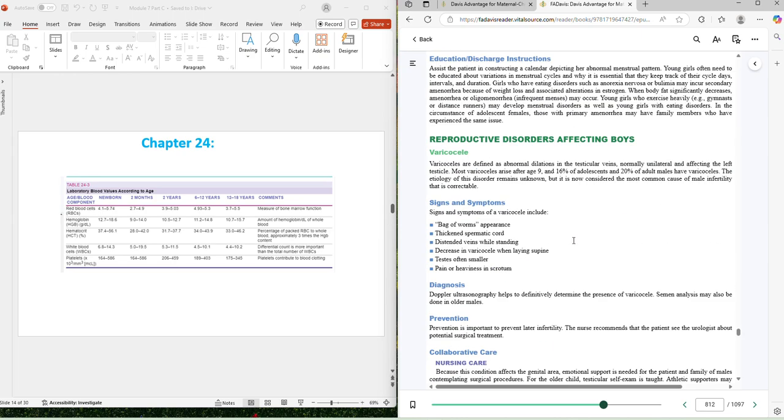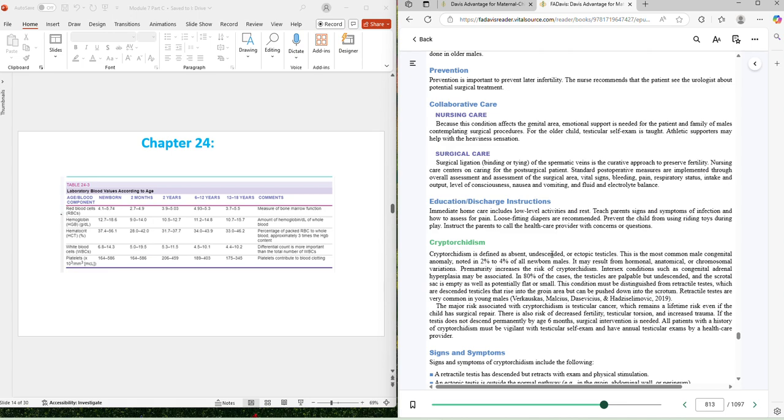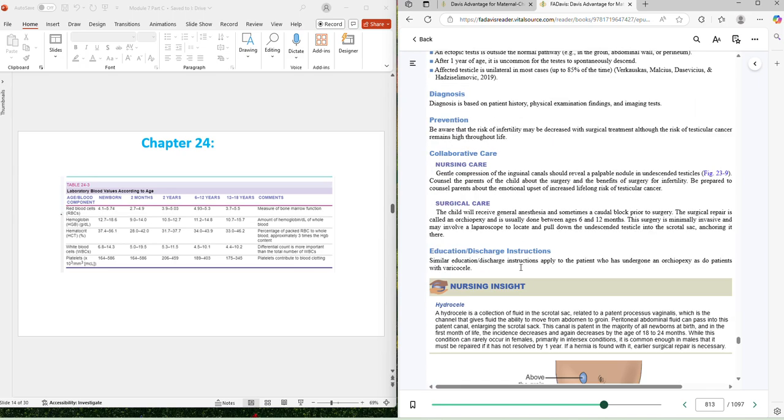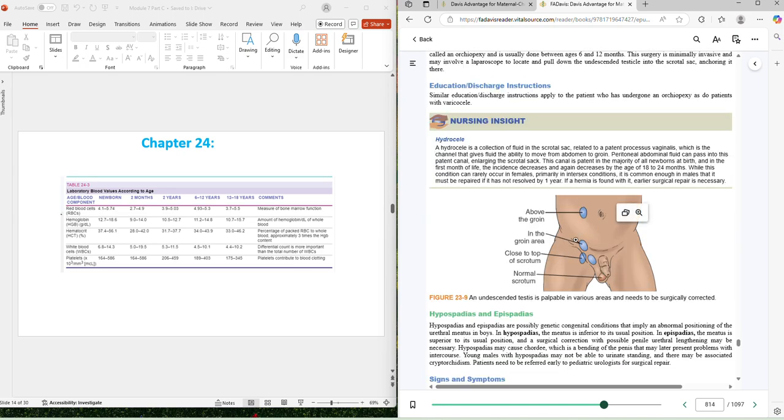This is on page 813. Usually have to have surgery. It's a common anomaly in 2 to 4% of all newborn males. There's a picture of it in your book too, here.